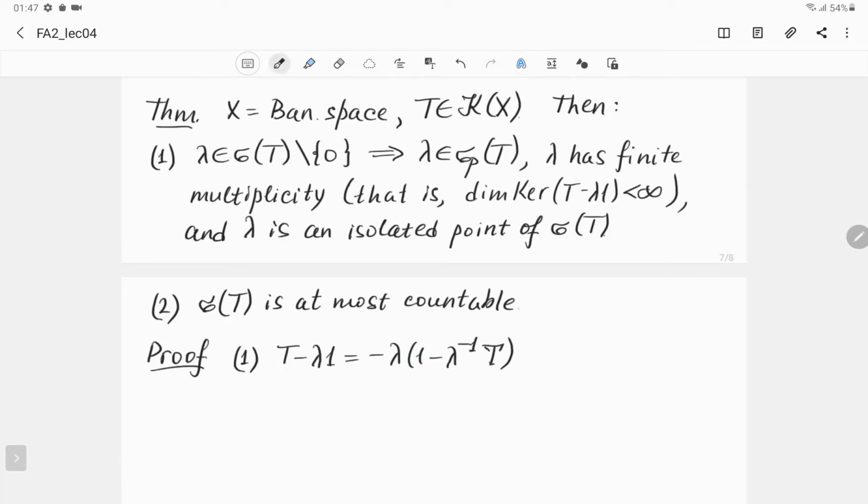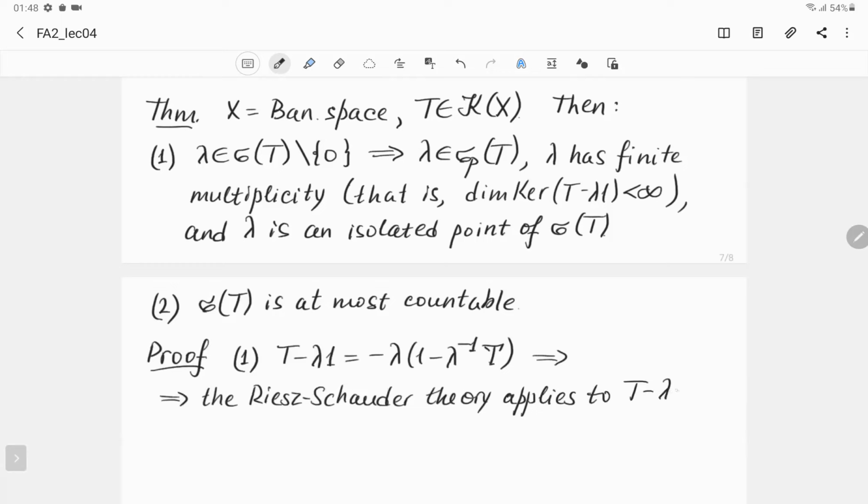So this implies that the Riesz theorem, or more exactly the Riesz-Schauder theory, applies to our operator, because it is essentially 1 plus a compact operator up to a non-zero factor minus lambda.